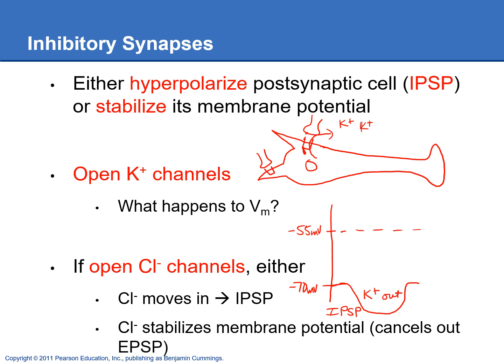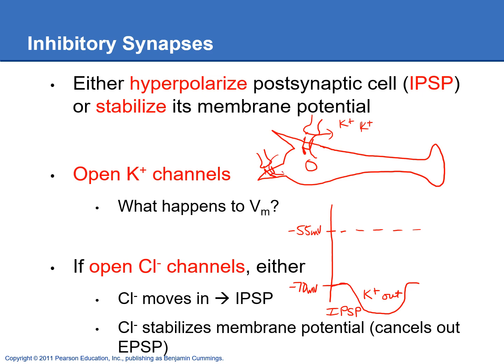And then here's another way to create an IPSP. If we have our neurotransmitter release, we bind to this ligand-gated ion channel, we open the gate, and let's say this channel is specific for chloride ions. And chloride ions always do whatever sodium ions are doing. So remember, sodium always wants to go into the cell, and chloride ions do the same thing.